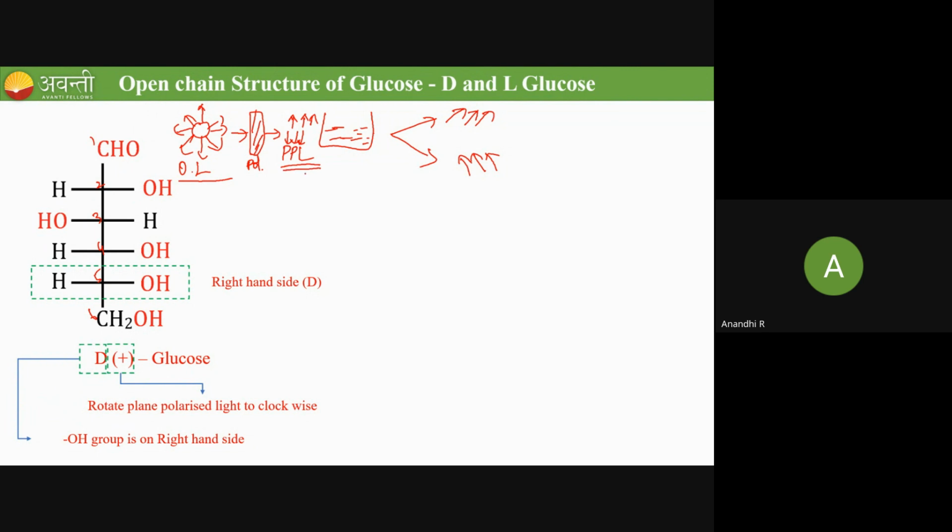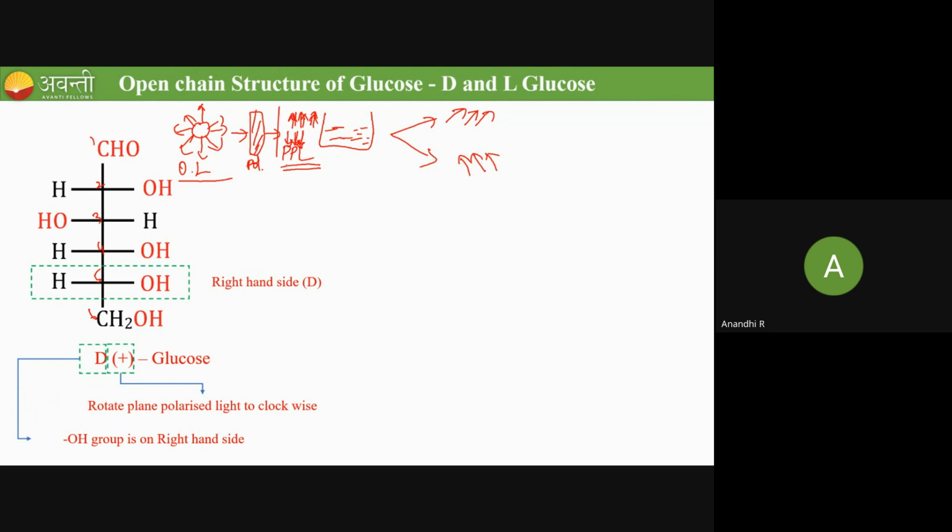So what is plane polarized light? That plane polarized light will give the light only in one particular direction. You can see here, it is giving only in one direction. One is going upward, the other one towards down. Only one direction, the light is getting formed.